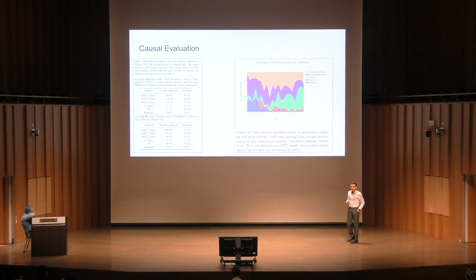So the combination of all these experiments convinced us that yes, this is actually a direction which is not just classifying, containing the information that allows you as a human to come along and split positive versus negative sentiment, but it is actually something that the model is using to determine its predictions.